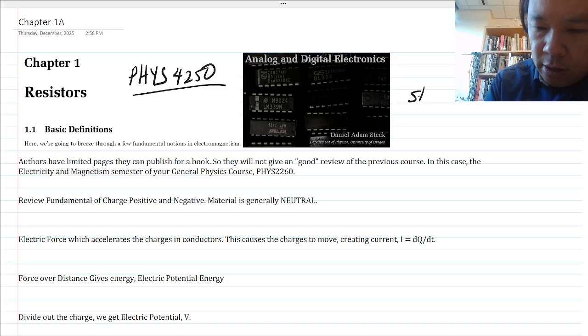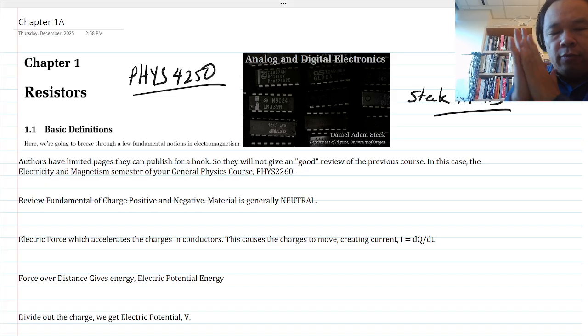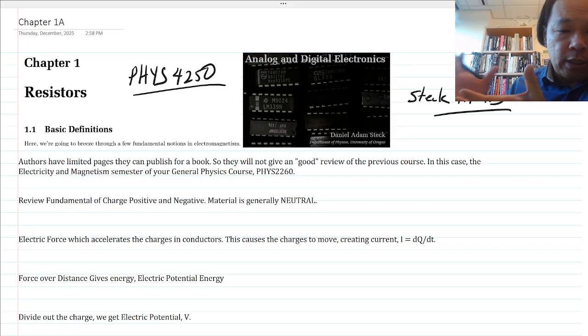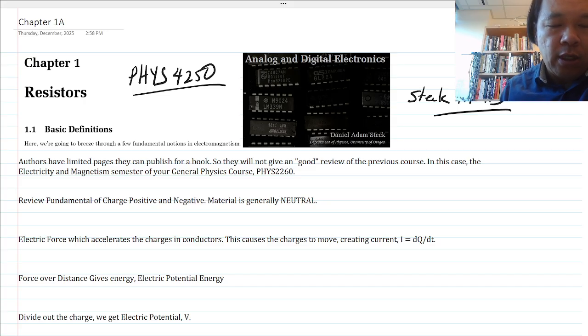So this is going to be Steck 1.1 to 1.3. To give you an overview of what to expect: since this is the upper division electronics textbook, the author is not going to have a complete review of the introductory level information.